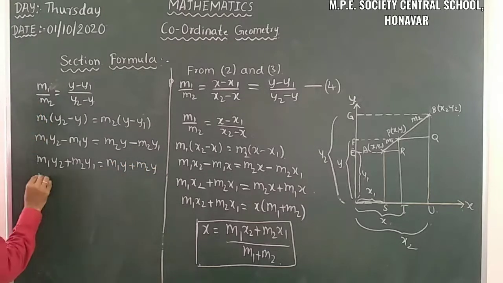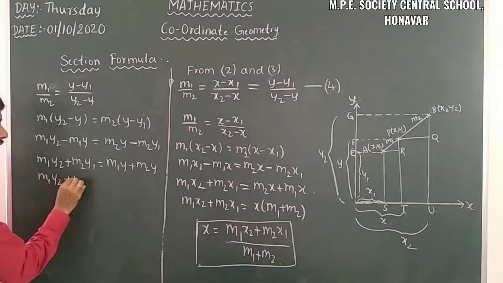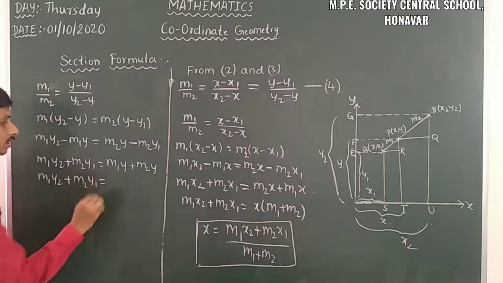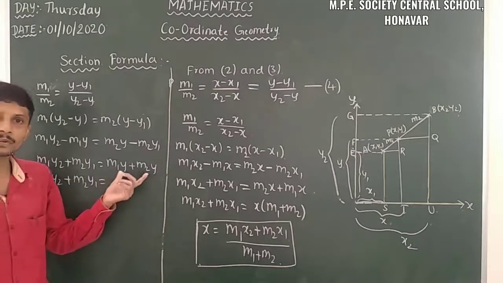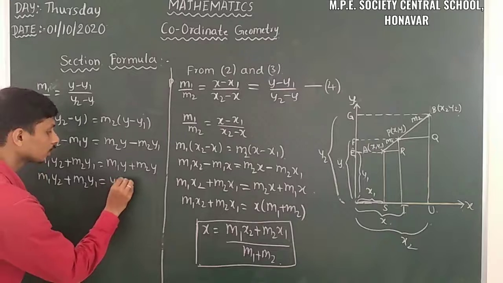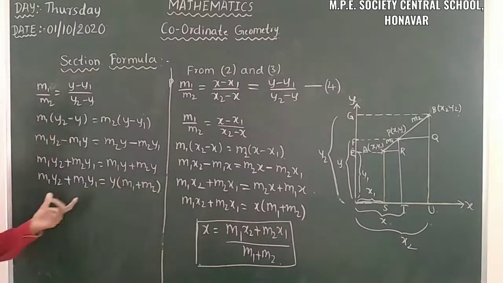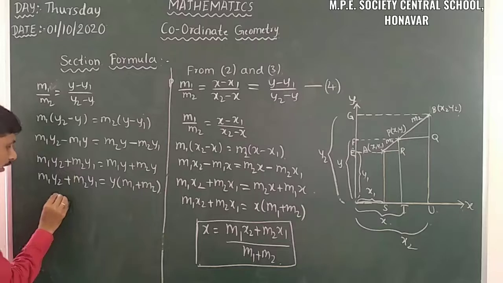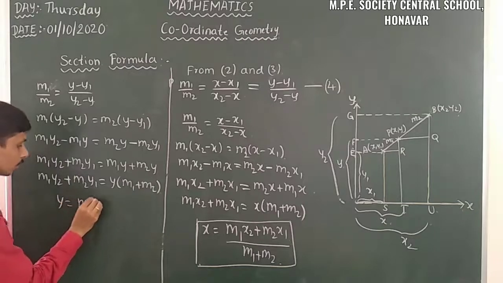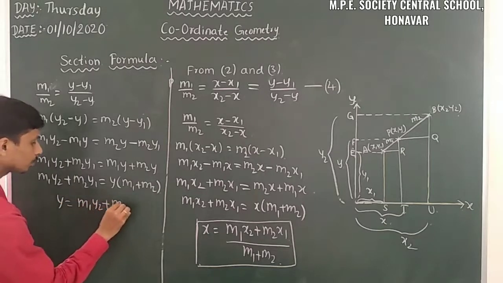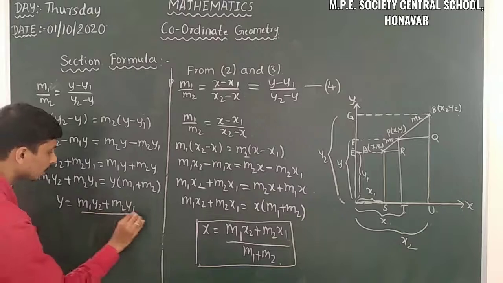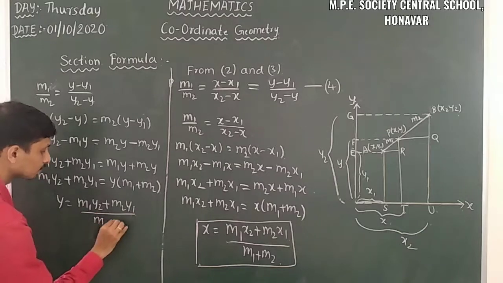So then m1 y2 plus m2 y1 is equal to, here we can take out y from both the terms, that is y into m1 plus m2. So after that we have to transpose m1 plus m2. Here y is equal to m1 y2 plus m2 y1 divided by m1 plus m2.